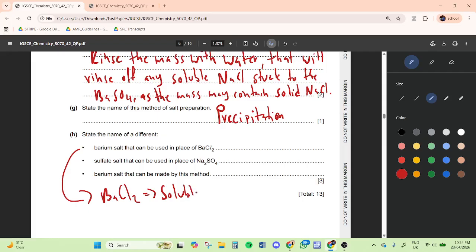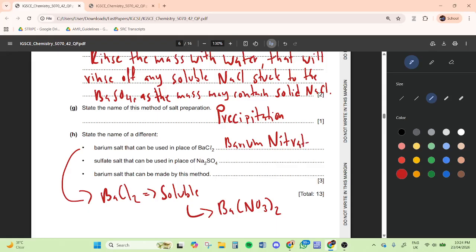So if you want to replace barium chloride, you need an equally soluble barium salt. And so you can go with barium nitrate, Ba(NO3)2. So you can either write barium nitrate or you can just write nitrate. So let's write barium nitrate.